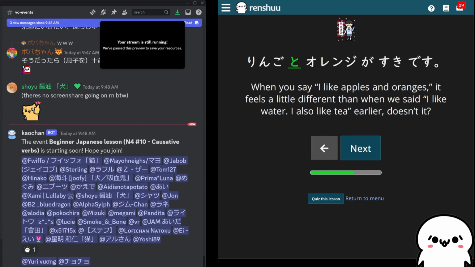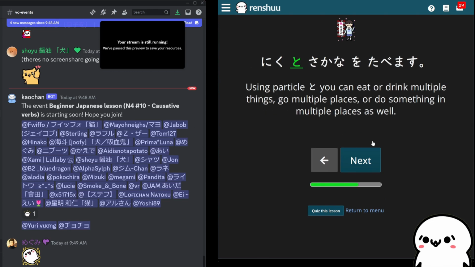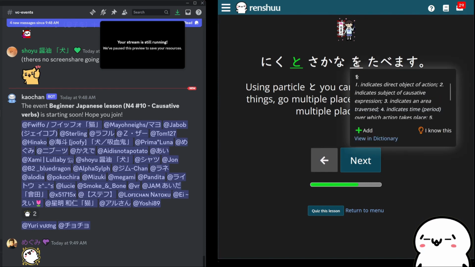So if we're talking about other parts of the sentence, here's the thing that comes before the o, our direct object. You might say niku o tabemasu, or you might say niku to sakana o tabemasu. And when you look at this, we always say the particle is attached to the left, right?